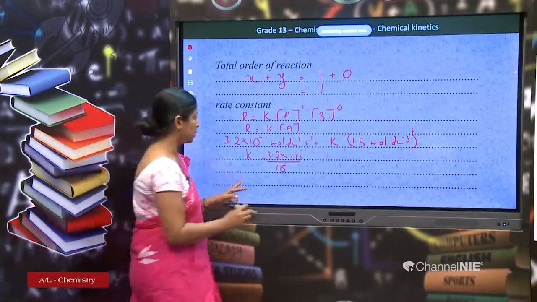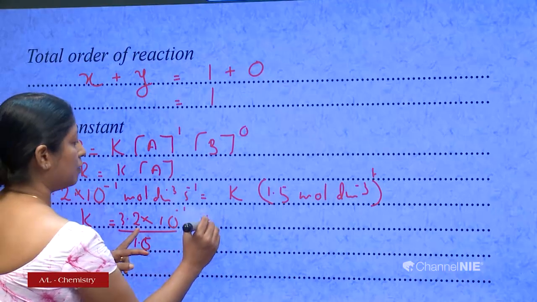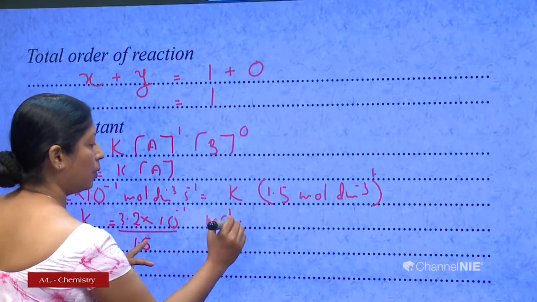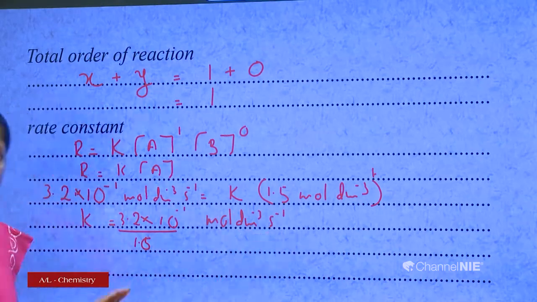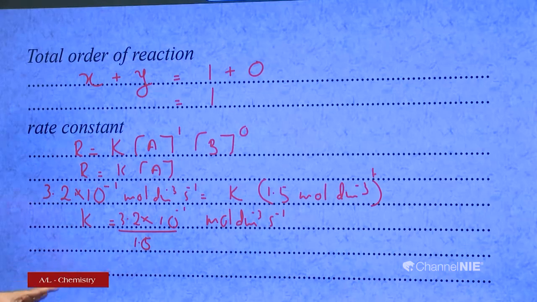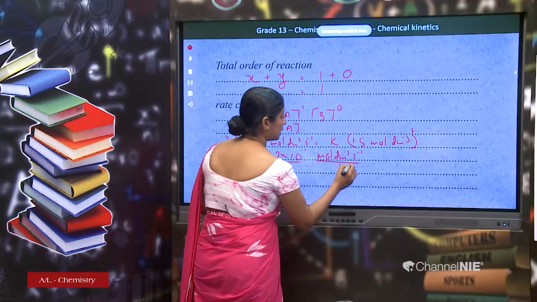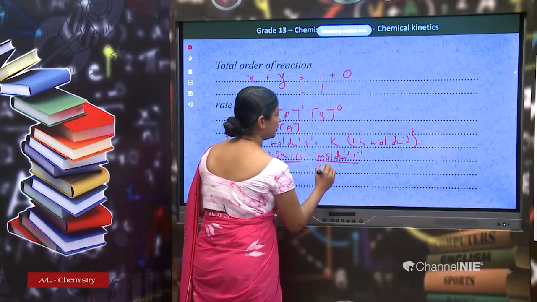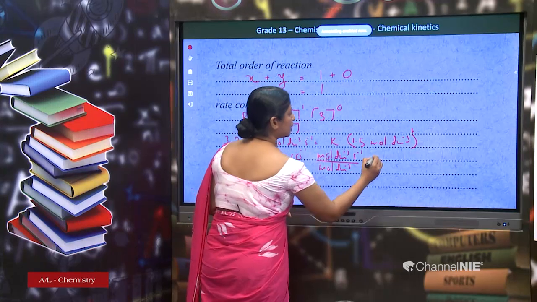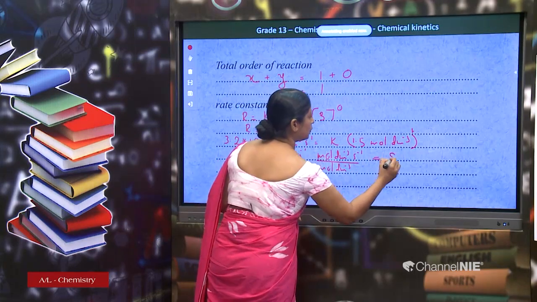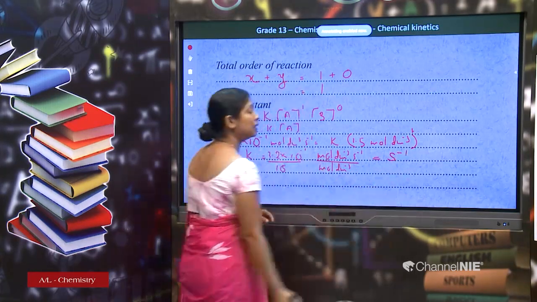So, here this is our reaction rate unit, mol dm^-3 s^-1. That is constant, it does not matter whatever the reaction, all the time rate is given in mol dm^-3 s^-1. And here we have concentration of A, with unit mol dm^-3. So, then you can understand the unit of rate constant is per second.